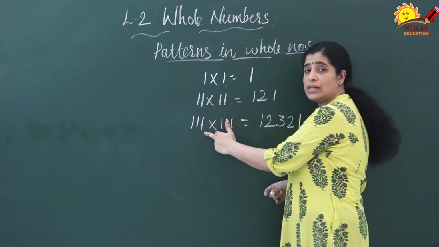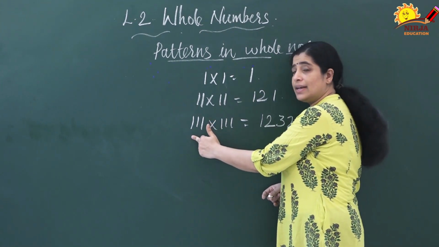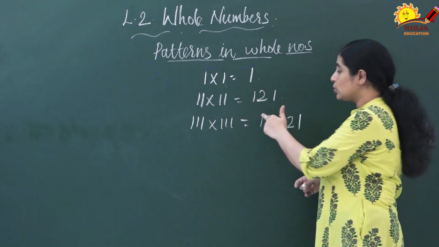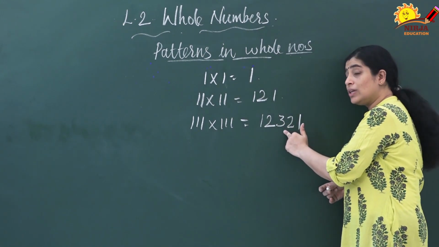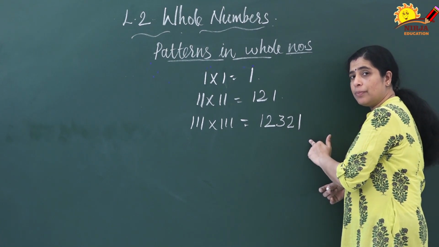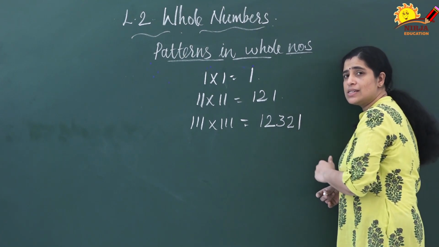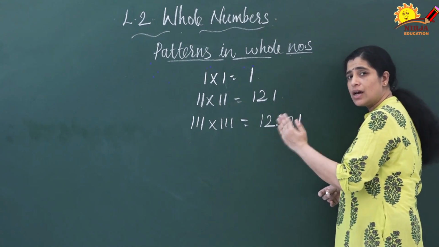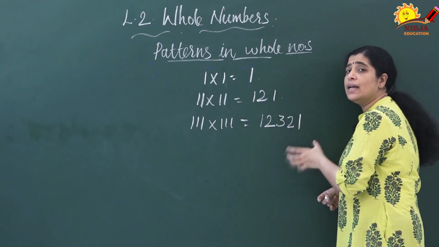Again 3 ones are here. 111 multiplied by 111 is equal to 12321. Can you see some patterns here? Can you see in a similar way how the numbers are adding here?